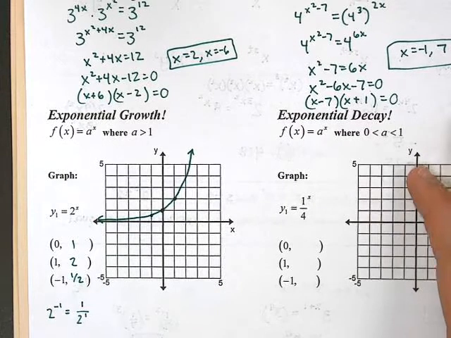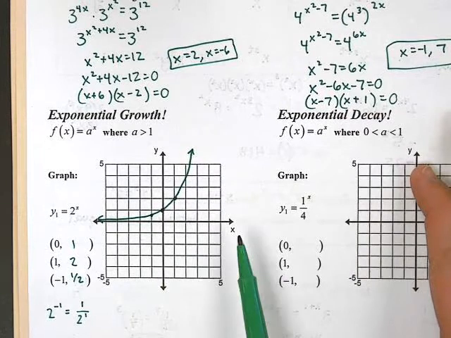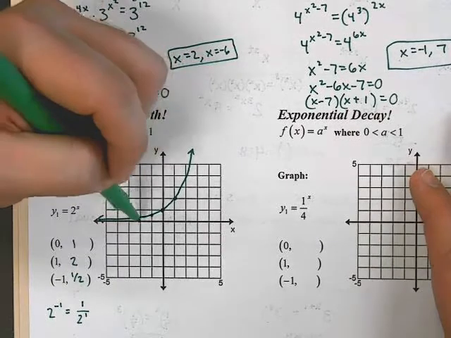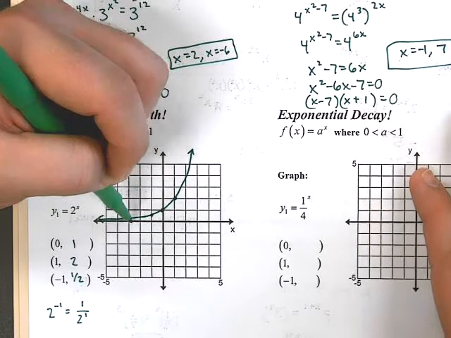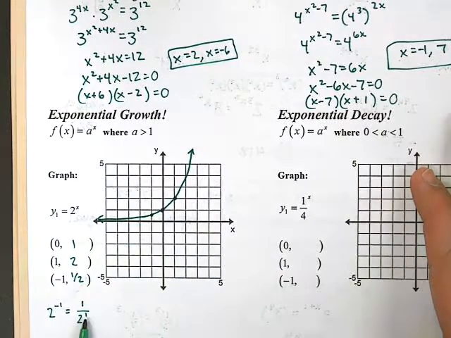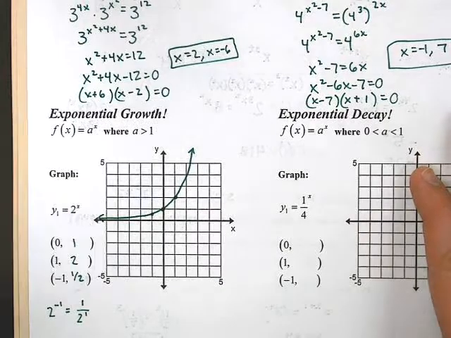Exponential functions always have a horizontal asymptote. And the reason is because as you make this number -2, -3, -4, you're still going to flip it. So it would be 1 over 2 squared, or 1 over 2 to the 3rd, or 1 over 2 to the 4th, which is just making a smaller and smaller fraction, getting closer and closer to 0.